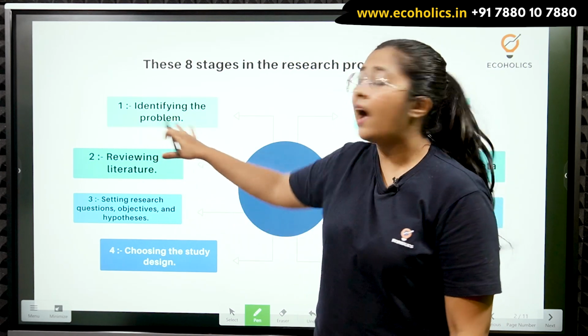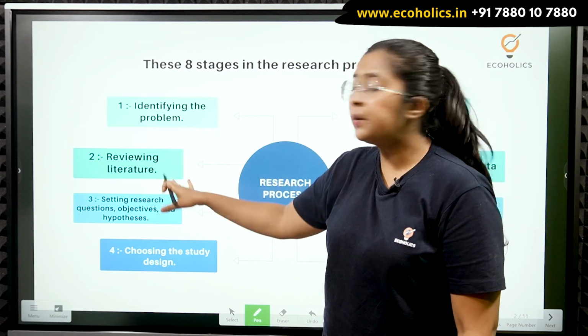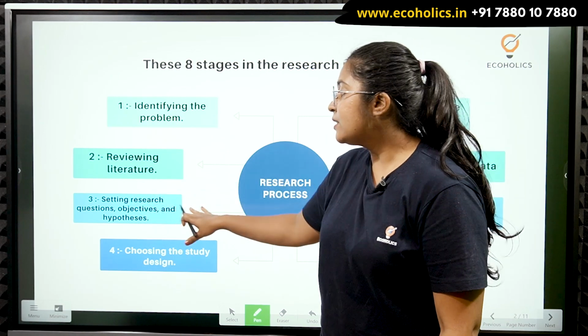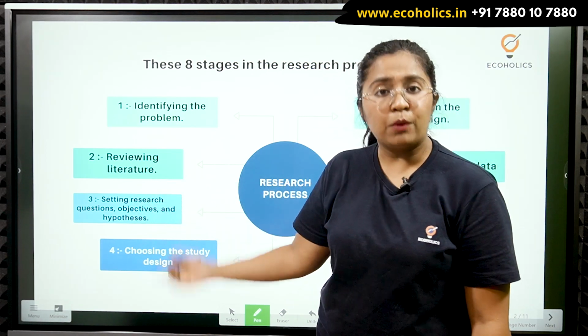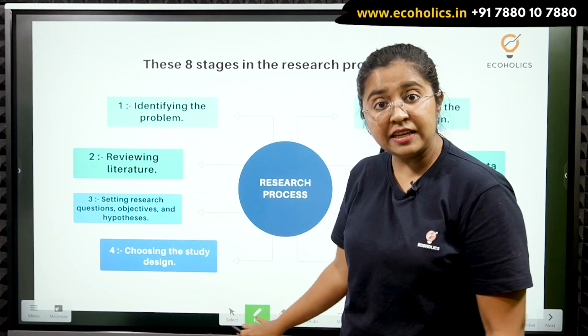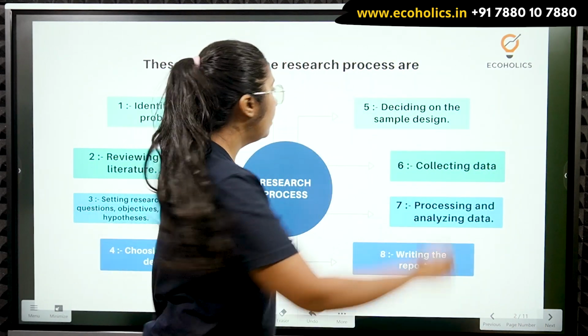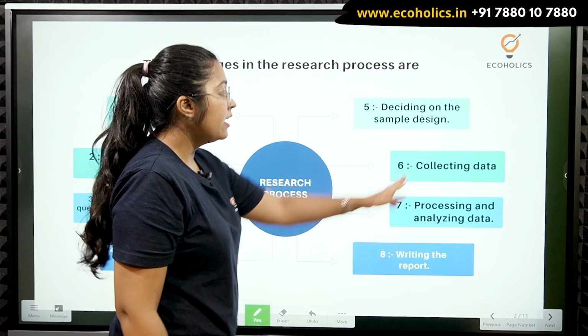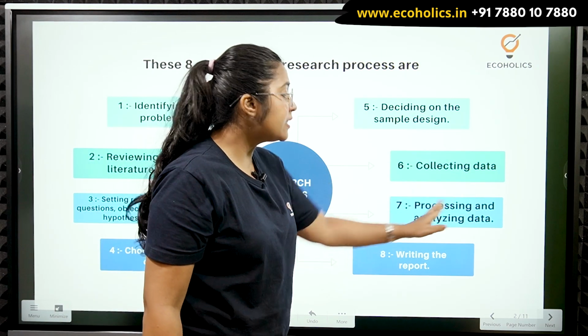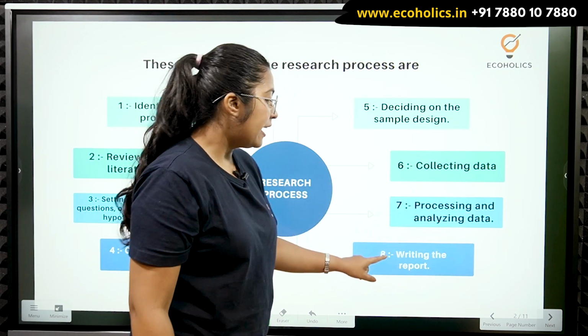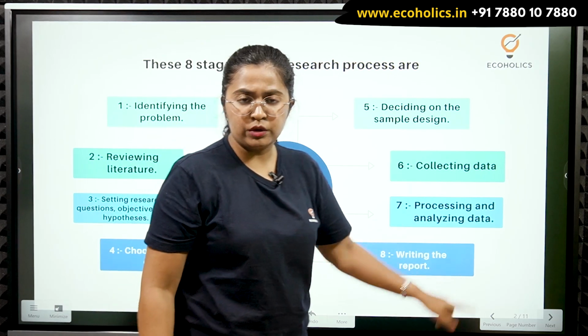The first stage being identifying the problem, reviewing the literature, setting research questions, objectives and hypothesis, choosing the study design, deciding on the sample design, collecting the data, processing and analyzing the data, and lastly writing the report.